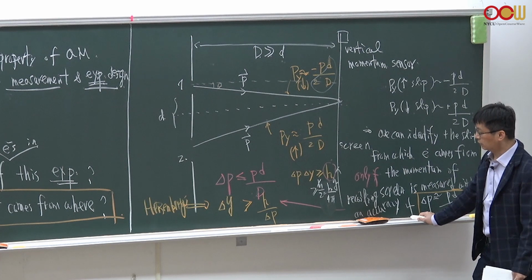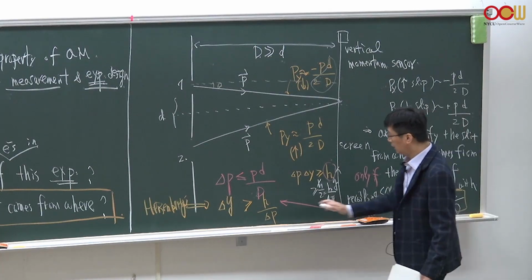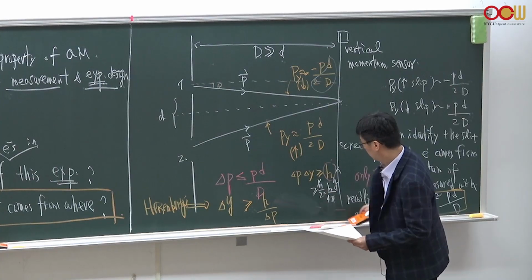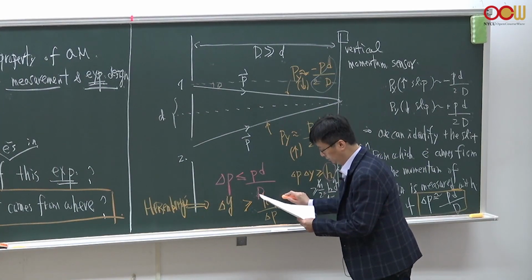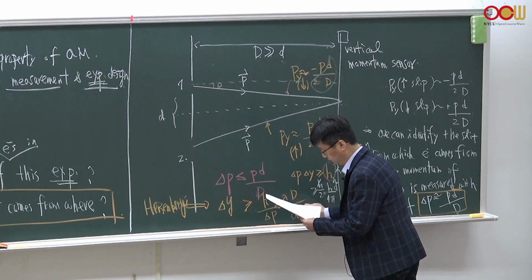So at the very core level, at a very crude approximate level, this delta y has to be greater than or equal to h over delta p, which is this value, lambda D over d.